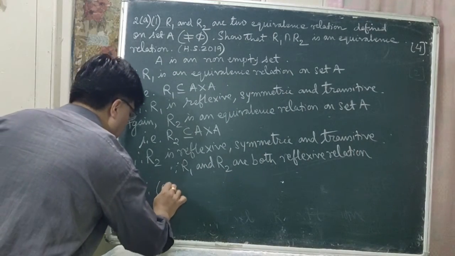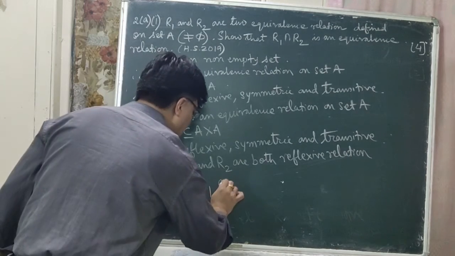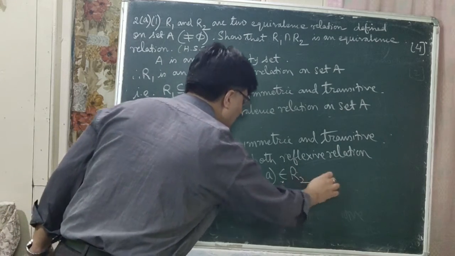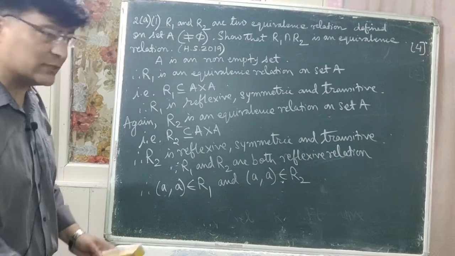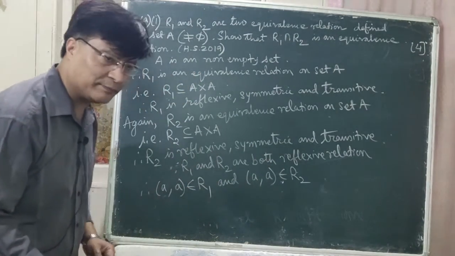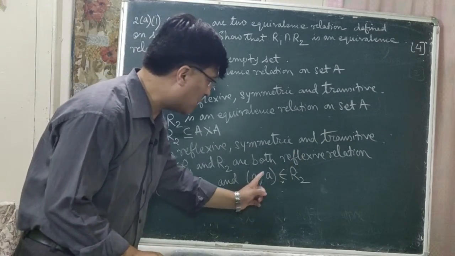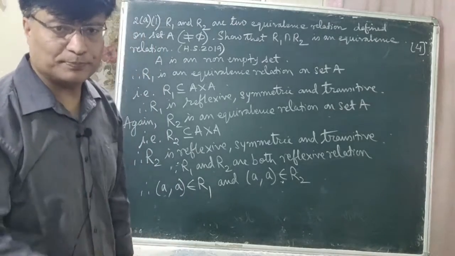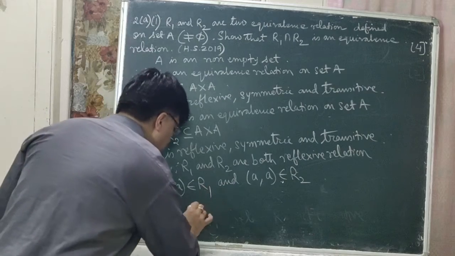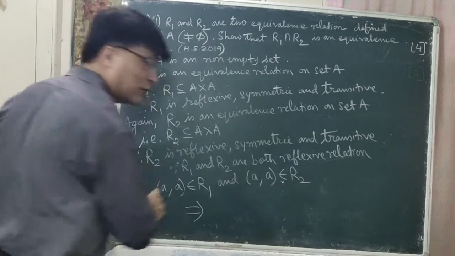A comma A should belong to the relation R1 and A comma A should also belong to the relation R2. R1 is a reflexive relation, so we can write A comma A belongs to the relation R1. Since R2 is also a reflexive relation, A comma A should belong to the relation R2. Is that clear? So now which implies that this A comma A should belong to R1 intersection R2, isn't it?